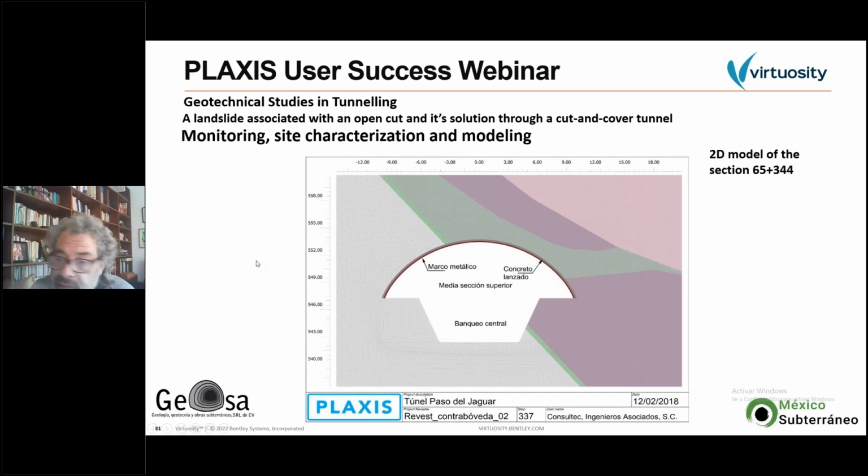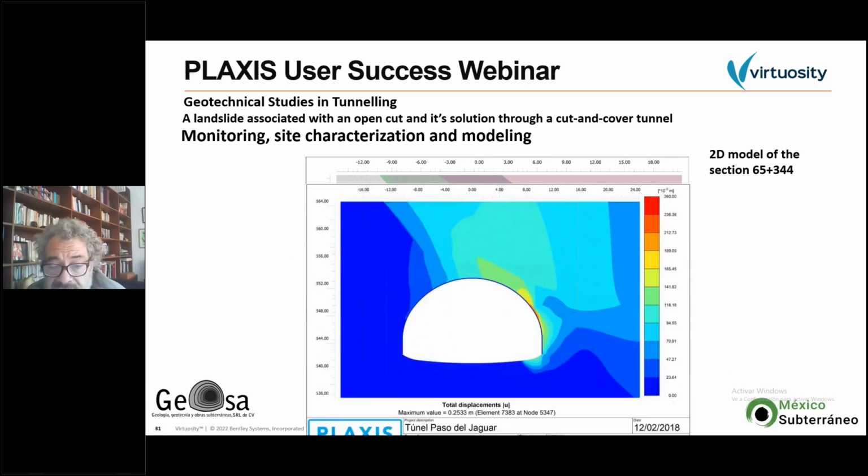And so there are some details of the model, the stages of excavation. A very important issue here is that for the shotcrete, we utilized the shotcrete model that is available in PLAXIS, which is time dependent.